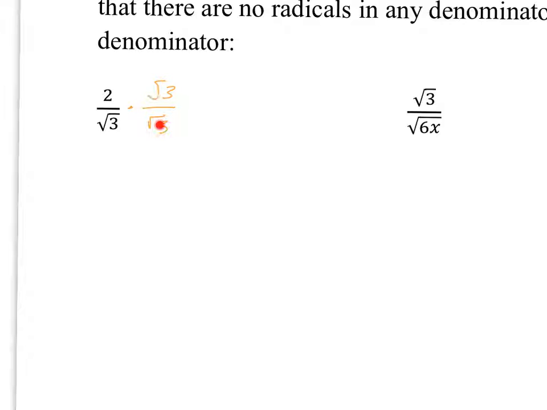So something over itself, this number has to be 1, because then I'm not actually changing the product. So then I'm going to multiply those together. Again, this is me showing more work than need be, but it would be 2 square root 3 over square root 3 times square root 3, which is the square root of 9. And then I can simplify that as 2 square root 3 over 3, because the square root of 9 is 3.